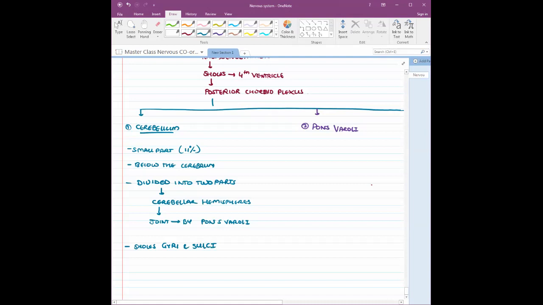But once again, guys, we had said your cerebrum had a cerebral cortex and a cerebral medulla, right? So here also we are going to see that we have cerebellar cortex and we are also going to have cerebellar medulla.